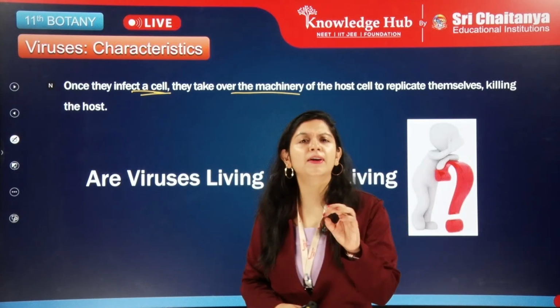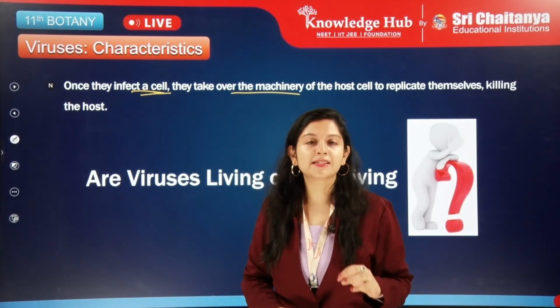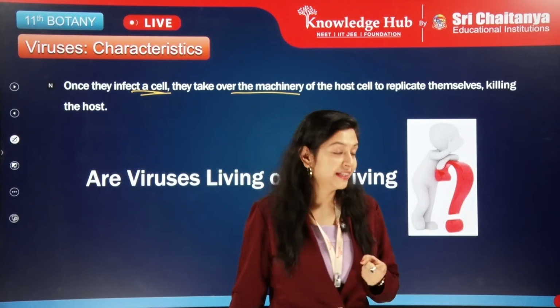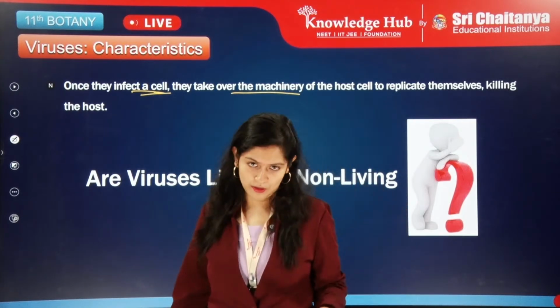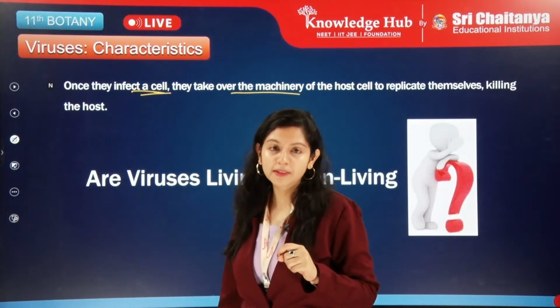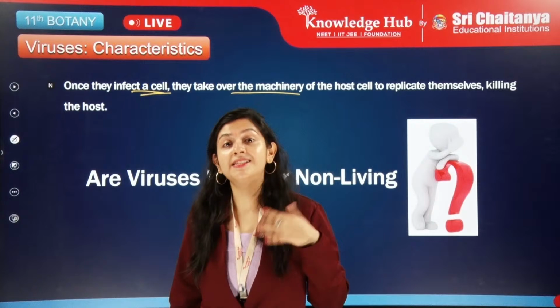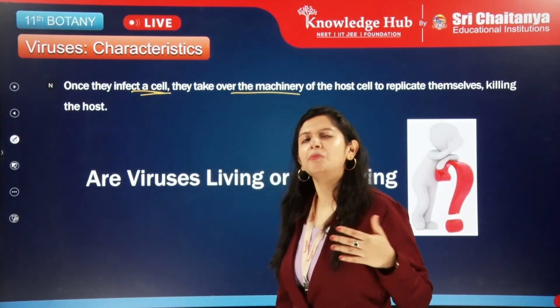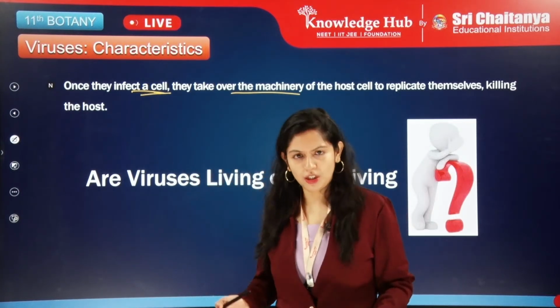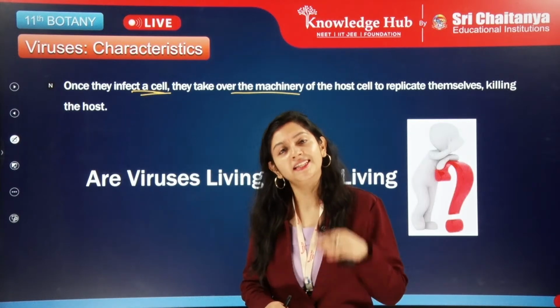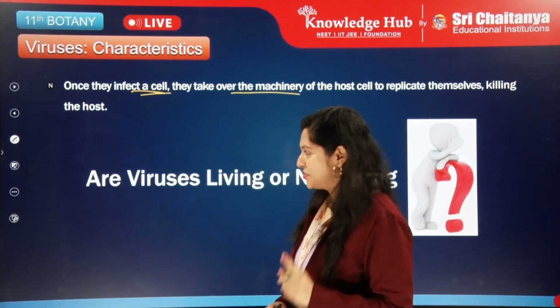They are very obligate parasites, and in the parasitic behavior, they can even kill the host. Host survival doesn't make any sense to them, it's not necessary for them. They will keep on replicating and keep on changing the host, but in this process, they can kill the host also.